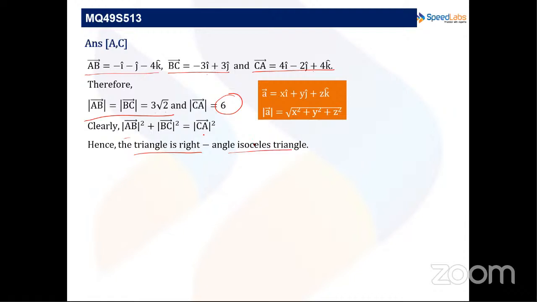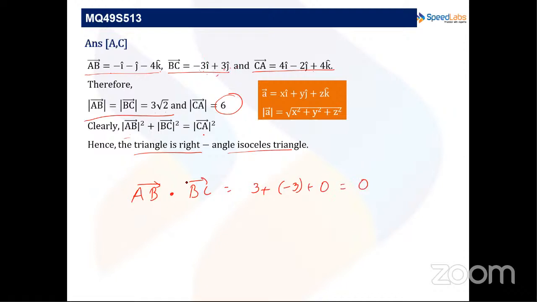But you can otherwise do it, you can also find the dot product. Here B is the right angle, so if you find the dot product of vector AB and BC, that will be minus 3 into minus 1, that is 3, plus 3 into minus 1, that is minus 3, and here the k cap component is 0, so that will be 0.